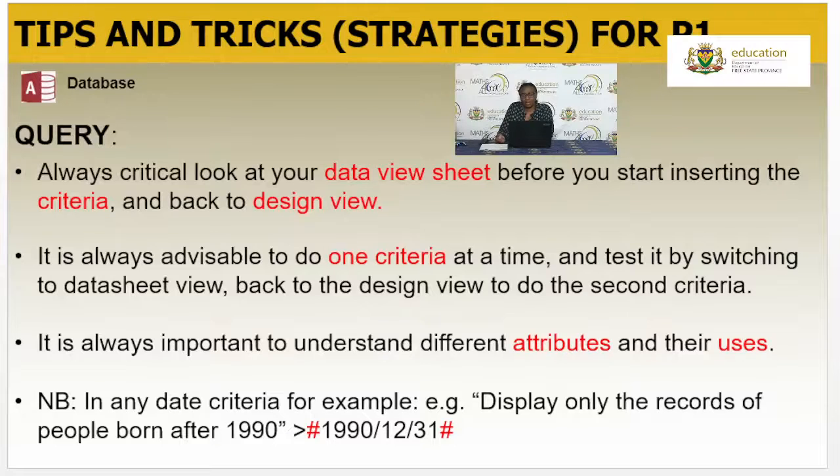We are just assuming that is a question that might come. Then you can use the greater than sign, 1990/12/31. Don't worry about the parentheses, because Access will put those parentheses in for you. But if it doesn't, then we have to put them in on our own.